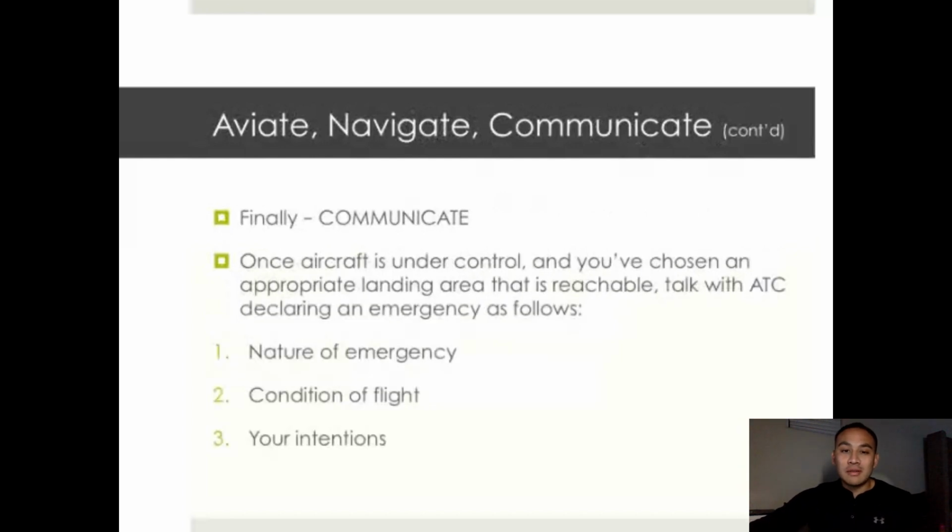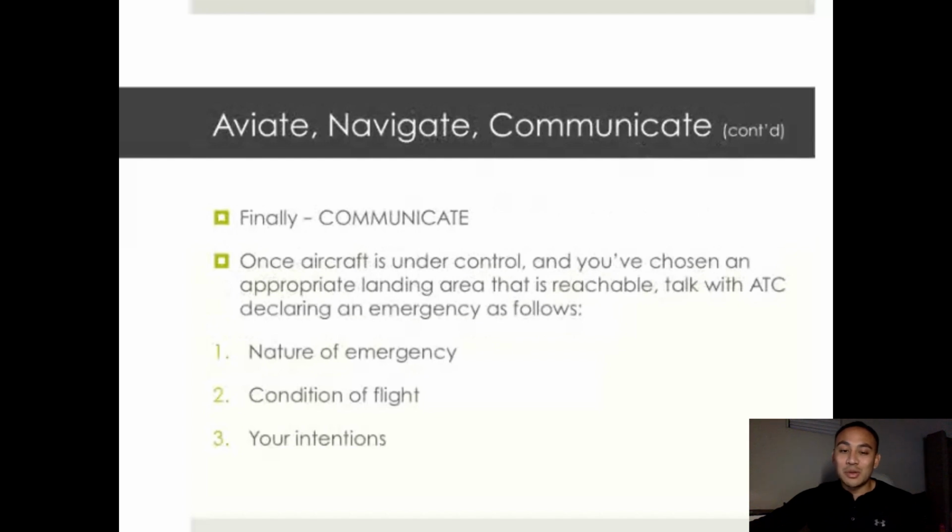Once you have picked out the appropriate place to touch down and put the aircraft in a safe manner, now you can communicate your intentions and what you need to do and call for an emergency. Your nerves will be rattled from the get go, you'll be flustered, and before you aviate or navigate, you'll want to communicate your emergency.